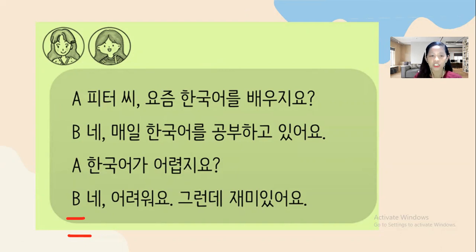Okay. 배 씨, 요즘 한국어를 배우지요? 네, 매일 한국어를 공부하고 있어요. 한국어가 어렵지요? 네, 어려워요. 그런데 재미있어요. Right? So, what do you think is the translation of this paragraph?